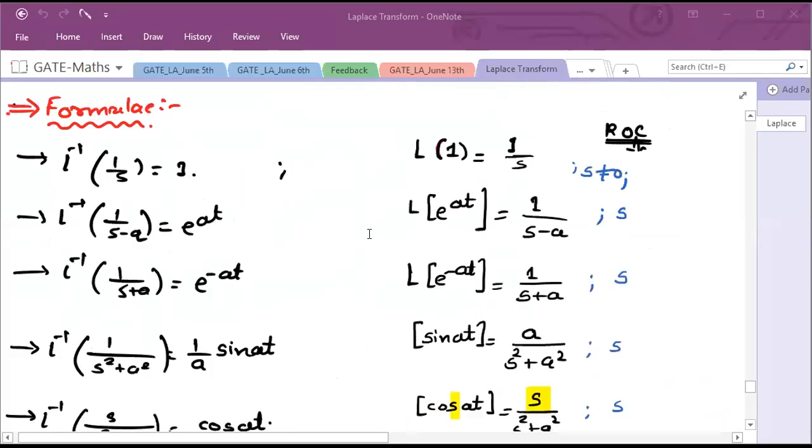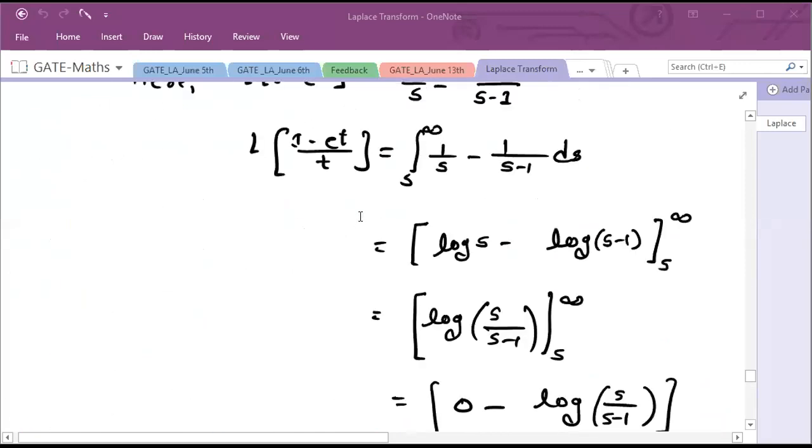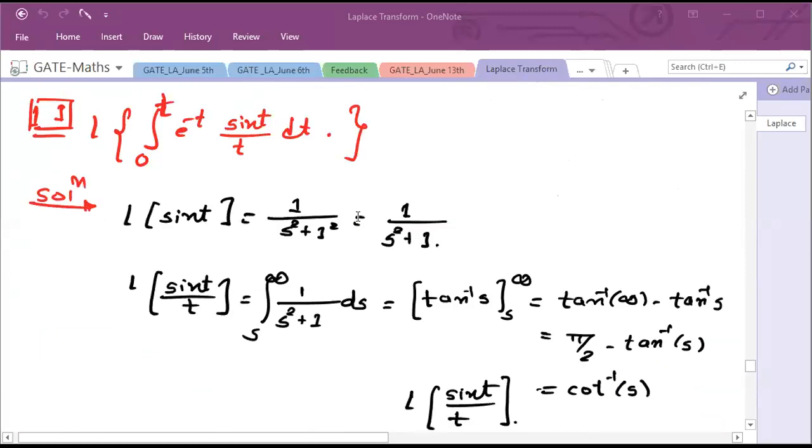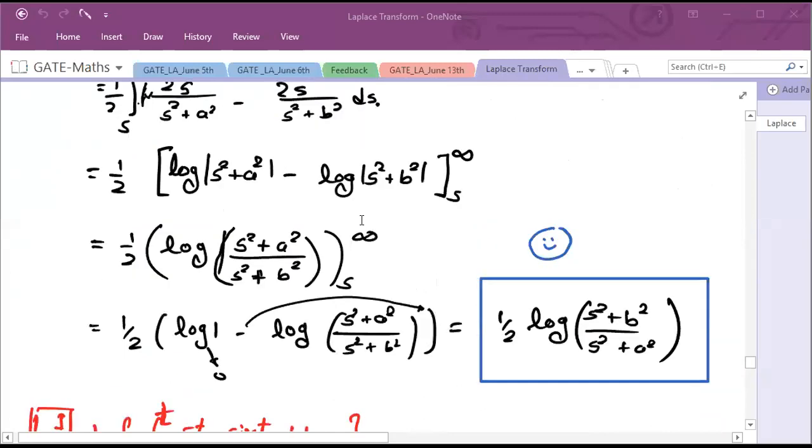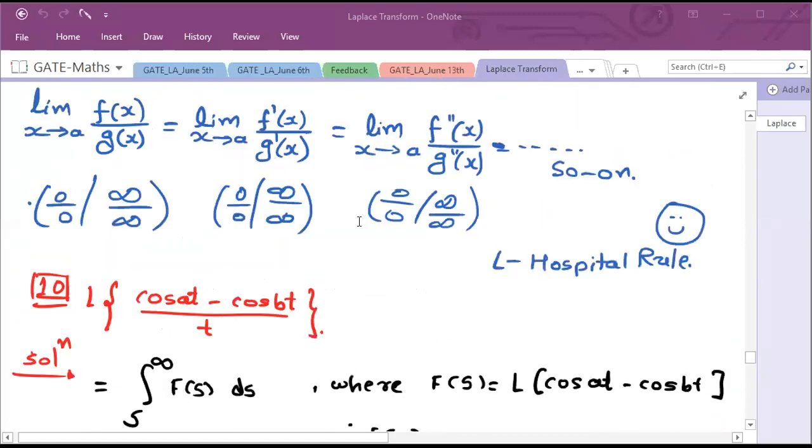So I have given you one question from homework when we started this Laplace transform earlier. That is Laplace of root t plus 1 upon root t whole cube.